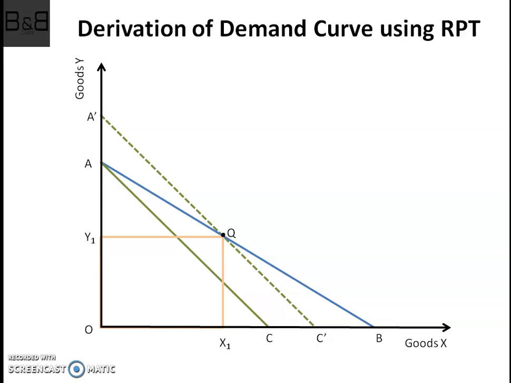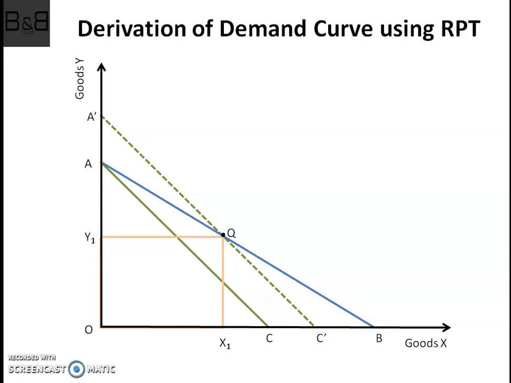Now I would like to recall the second assumption of RPT, where Mr. Samuelson stated that the consumer is always rational and will always try to maximize their utility as long as the option is available to them. So, considering these assumptions, we can straight away cancel the section Q C dash.